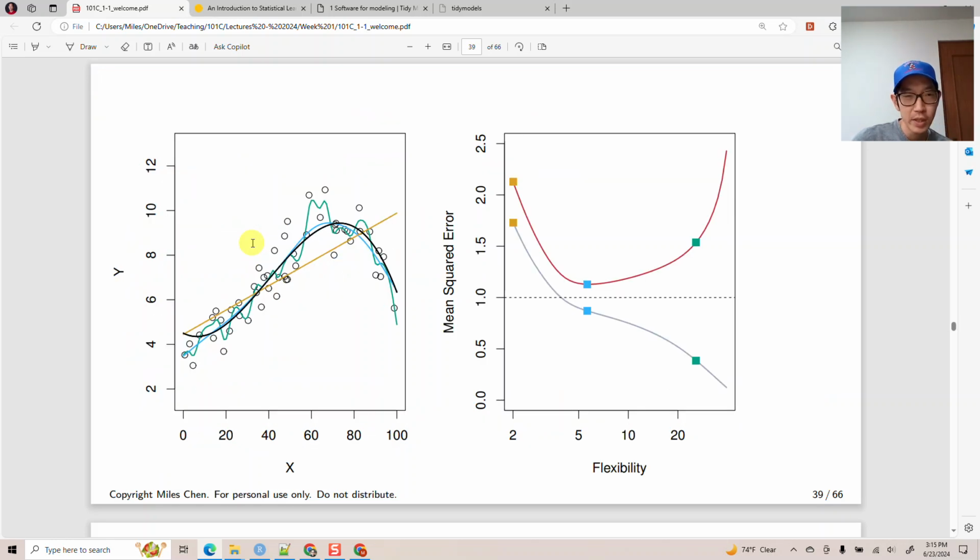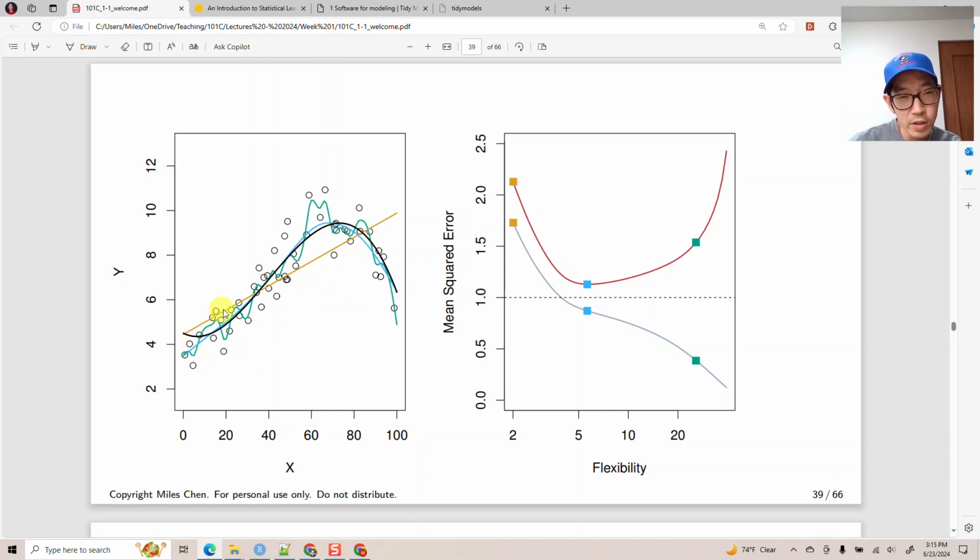Just look at the left graph for now. The true relationship is this black line. The dots are the data that we get to observe. We don't actually know what the black line looks like.